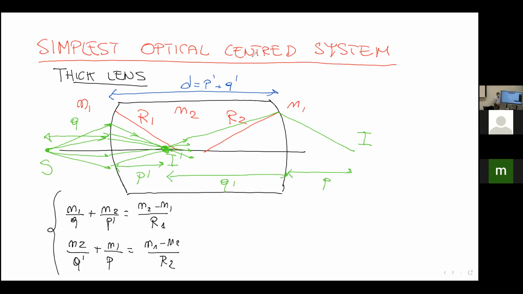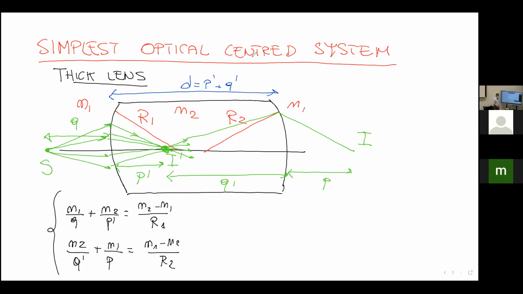And you have these two coupled equations. You put them in a pocket calculator or in a smartphone, whatever, a local calculation capacity device, and you can calculate out what is the position of the image.